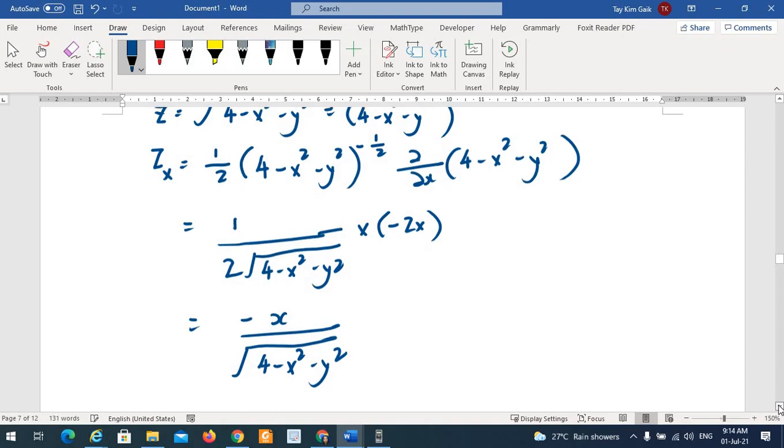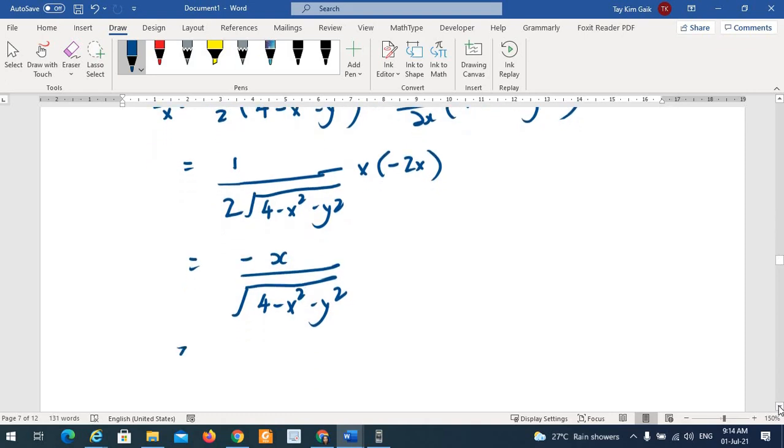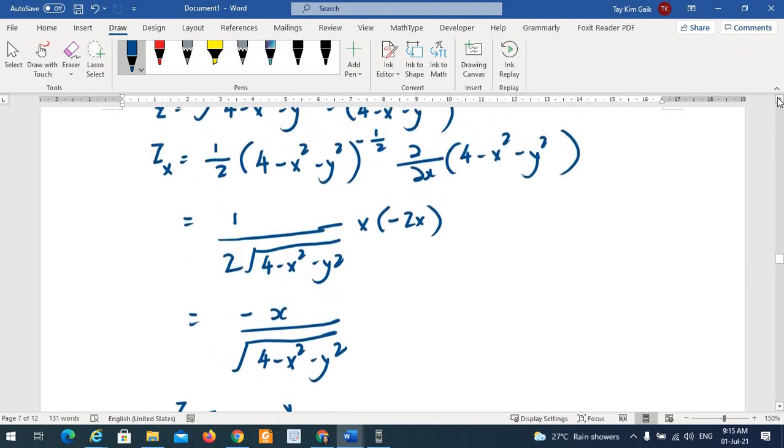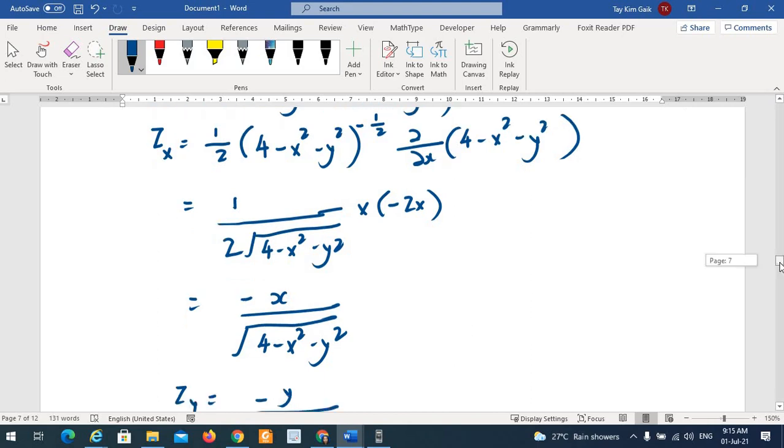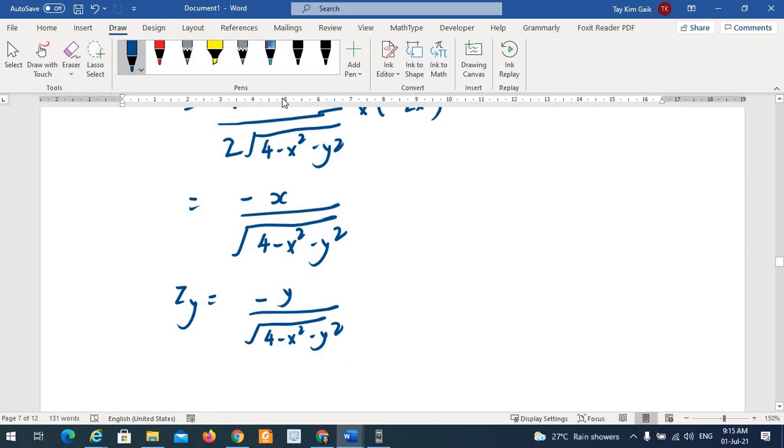Okay, similarly, if you do it for zy, you will have negative y over square root of 4 minus x squared minus y squared. Because for zy, the difference is only that del x here, you change it to del y.